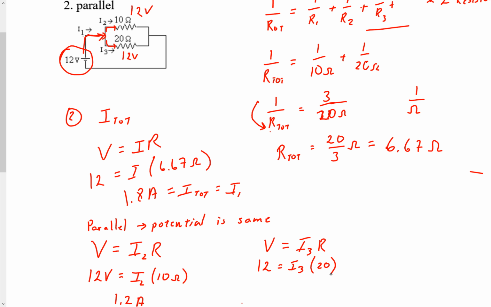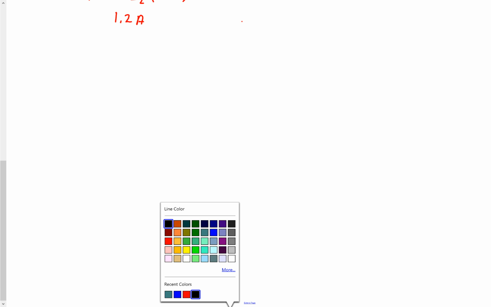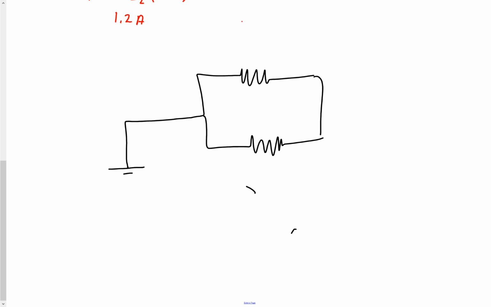Take a look. We already found out that leaving the battery, here, let me draw this a little bigger real quick. We already found that leaving the battery was what? So here is our basic diagram. And then up over, there's a resistor up there. There's a resistor down here. They come back together and back to the battery.